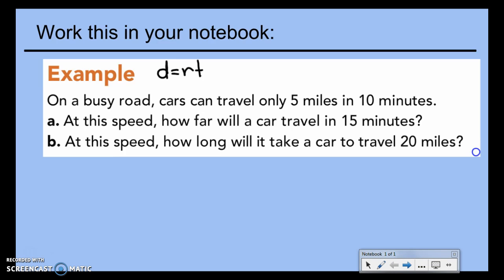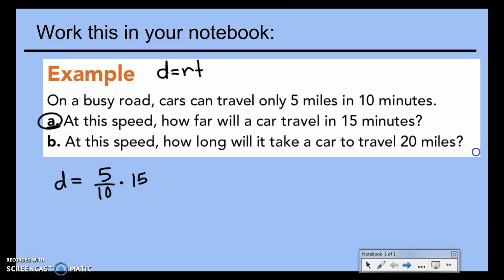Distance, we're going to solve A first. Our distance, we don't know yet. But we do know our rate and our time. So 5 miles for 10 minutes would be 5 tenths. Let's do D equals 5 tenths, and then our time is going to be 15 minutes, so times 15.